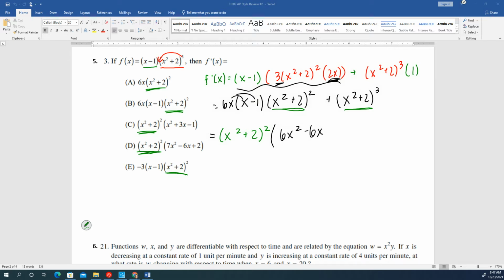And here I'd be left with one more factor of x squared plus 2. Then just simplify this a little bit. I get 7x squared minus 6x plus 2. I got D. Yep, that's right.